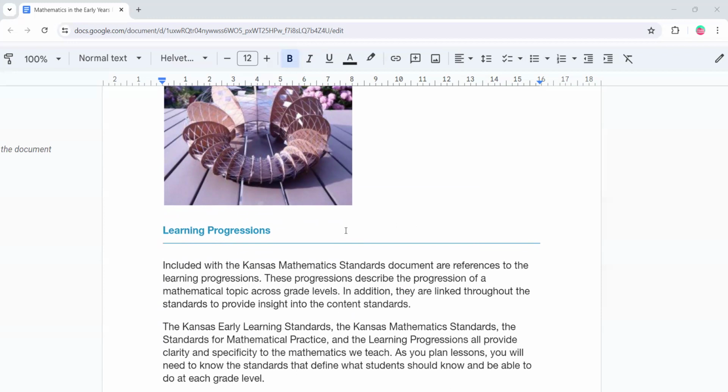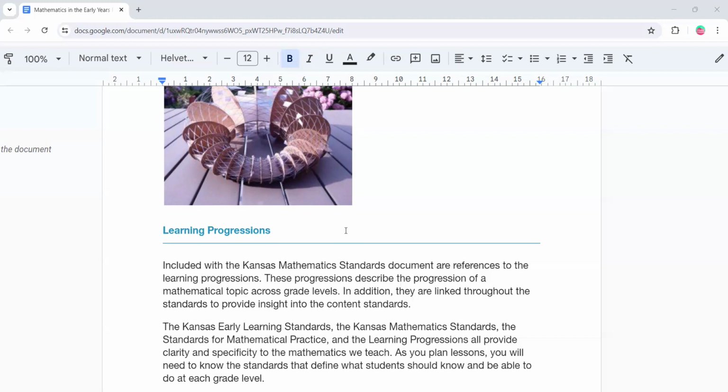In addition, they are linked throughout the standards to provide insight into the content standards. So the Kansas Early Learning Standards, the Kansas Mathematics Standards, the Standards for Mathematical Practice, and the learning progressions all provide clarity and specificity to the mathematics we teach.